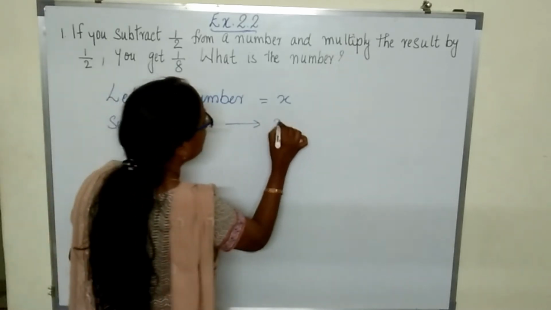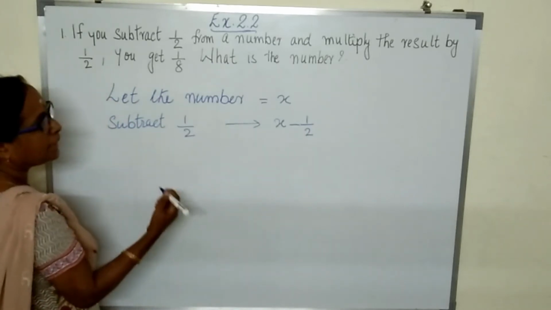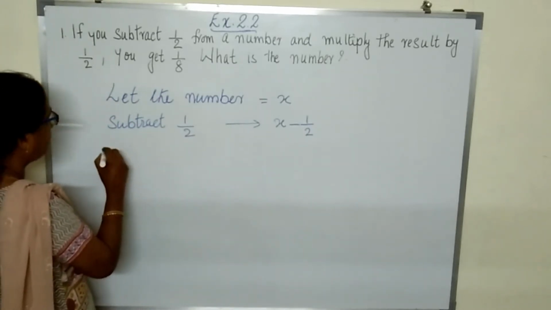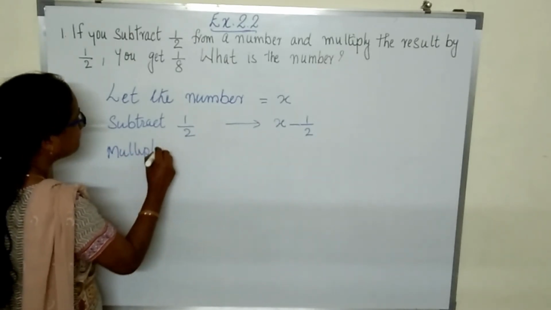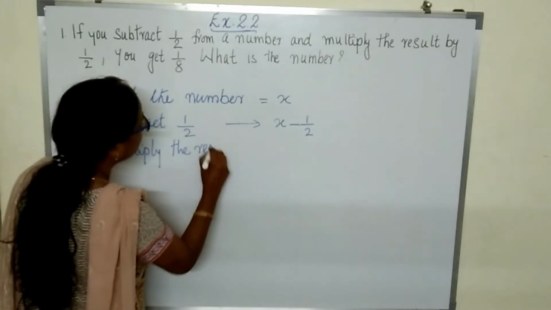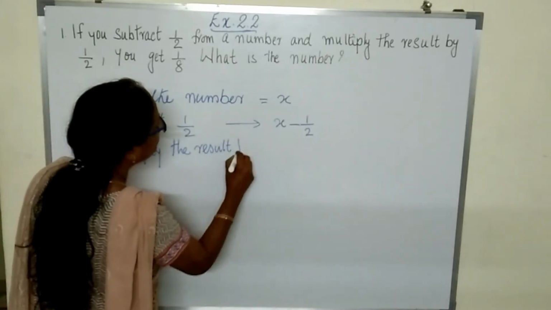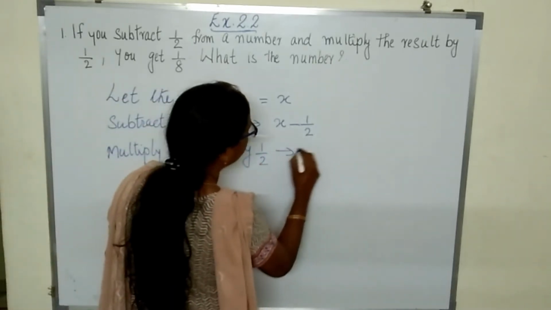What do we get? We get x minus half. Then multiply the result by half. What do we get?